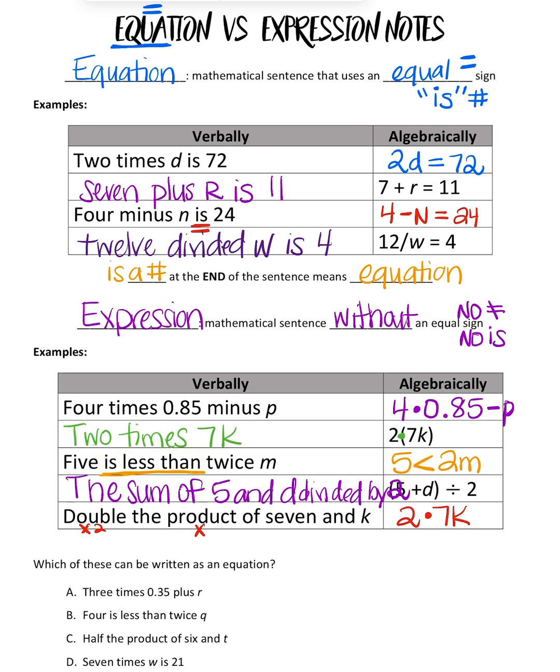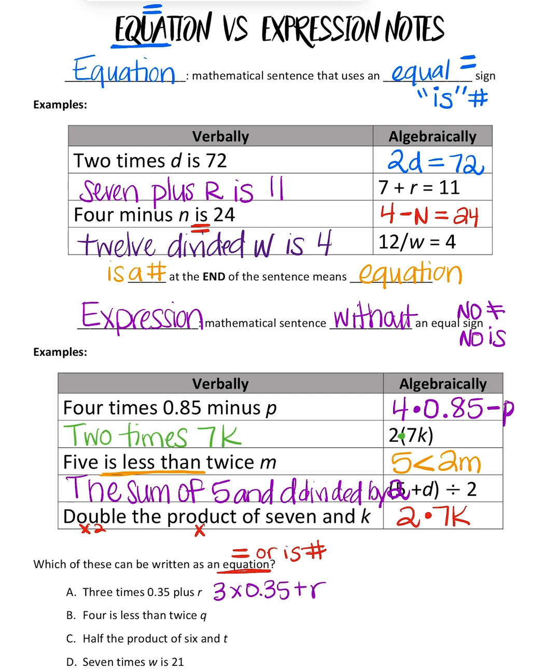All right, so here's an example of a star question, and we'll finish up. It says, which of these can be written as an equation? Remember, equation means I'm looking for an equal sign or is. So I'm going to go through my answer choices and see. This first one says 3 times 0.35 plus r.